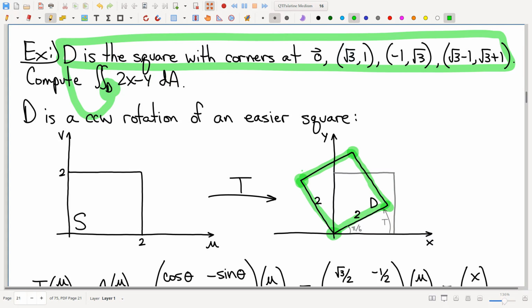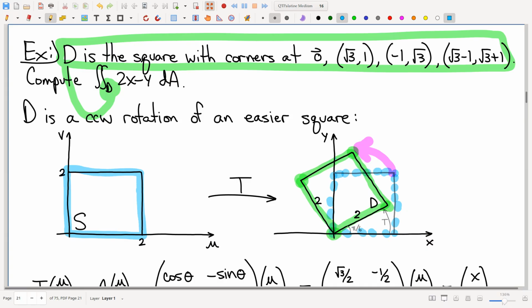Okay. All right, so I'm going to think to myself, can I view this undesirable domain as being an image of something? Is this the result of doing something simple to something simple? And it is. This is the result of doing a counterclockwise rotation of this square, which just for geometric convenience, I'm going to draw over there just so you can see which direction the rotation goes.